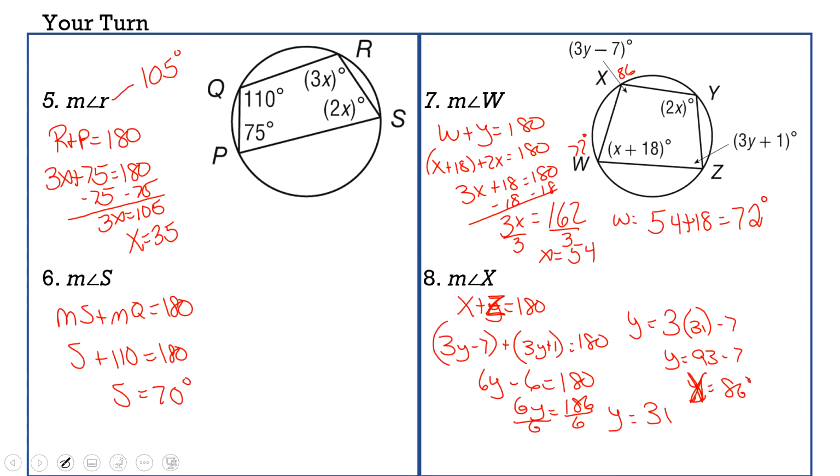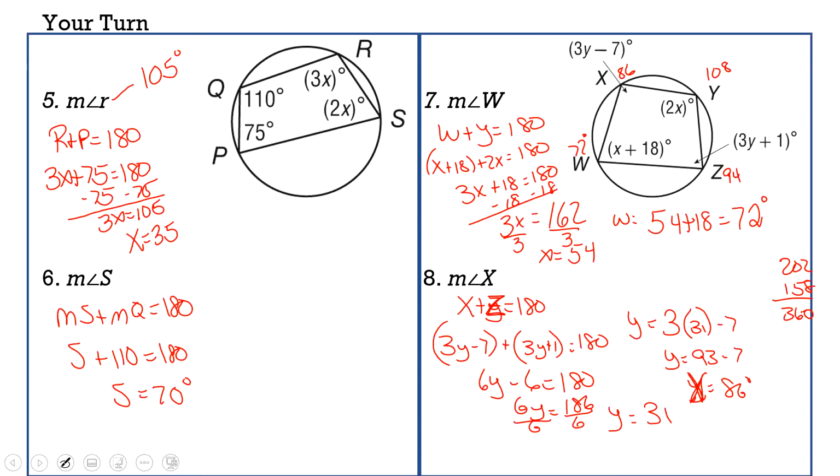So this is going to be 108, which makes this one 94. If I add those up, 94 and 108 is 202. 72 and 86 is 158, which adds up to 360. So it did work. That's how you can check your work to make sure you have the right answers.